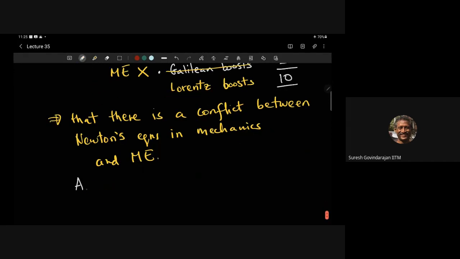A priori, one of them needs to be modified.